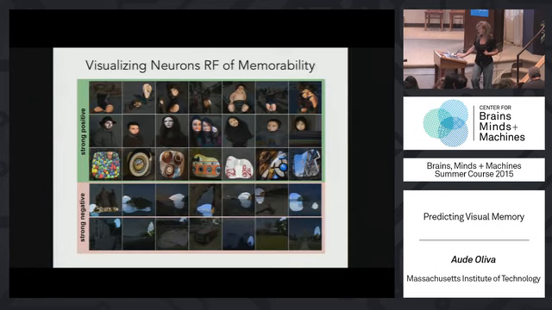And because we can open up this new network of memorability and look also now at the receptive fields of the neurons that are related to high or low memorability images, we will publish every single receptive field on the web, along with this paper.